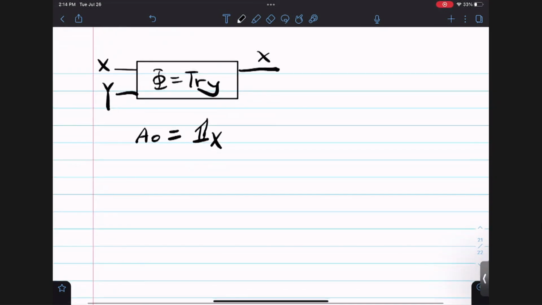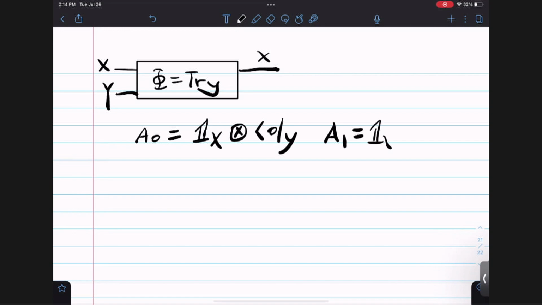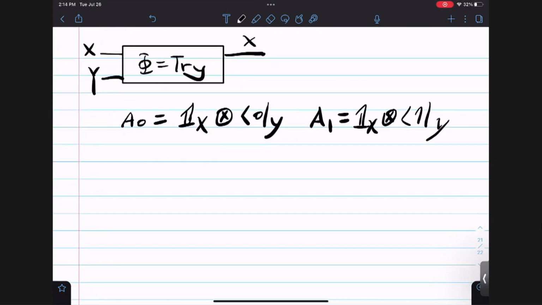The first is identity on X, which makes sense because we don't do anything on X, and on Y this A0 matrix has bra 0 operating on the Y system. The other one is identity on X, but bra 1 on Y. I claim these two matrices define a quantum channel which exactly does this operation, discarding Y.